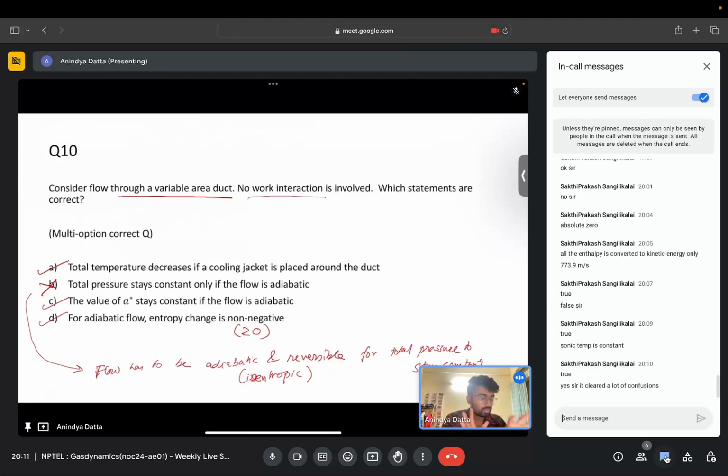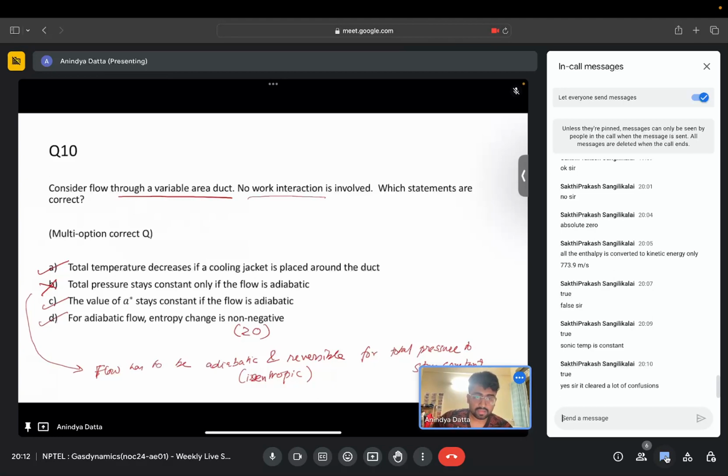I have tried to put in problems with all sorts of combinations of these situations. In the next sessions we'll start going into more details about the different shocks, oblique shocks and other interesting flow structures and features that we get in compressible flows.